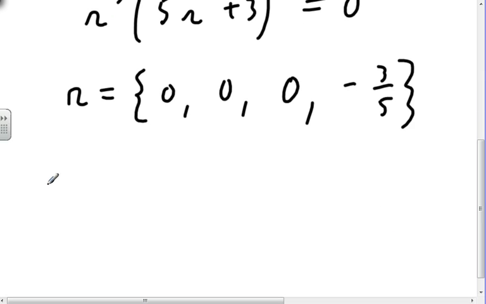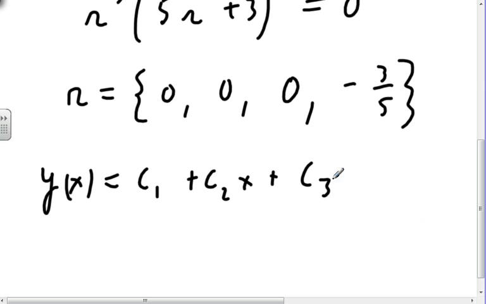Okay, so my final answer would be y of x is equal to c1 plus c2x plus c3x squared plus c4 e to the minus 3/5 x.